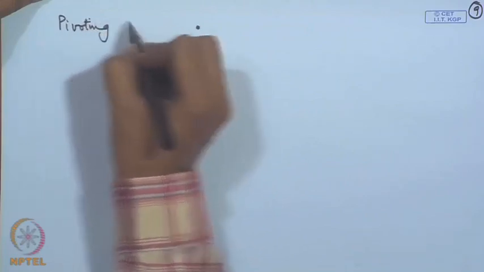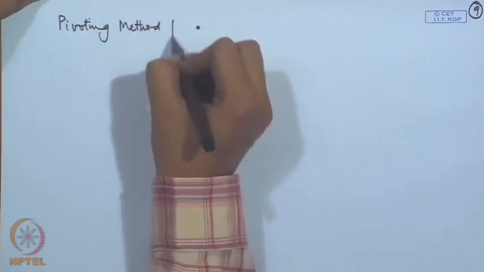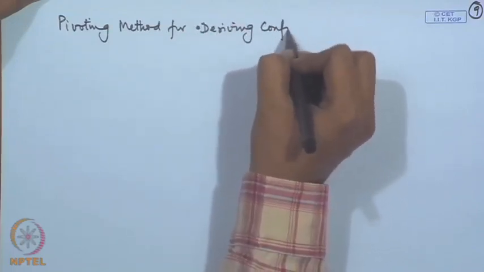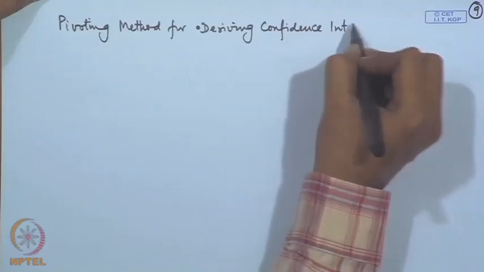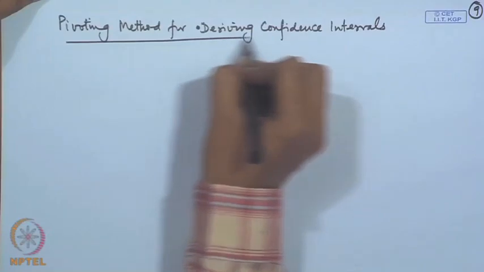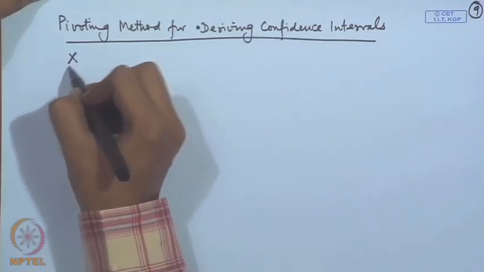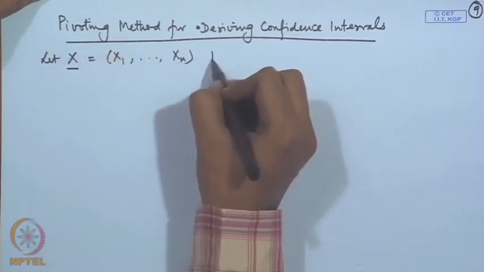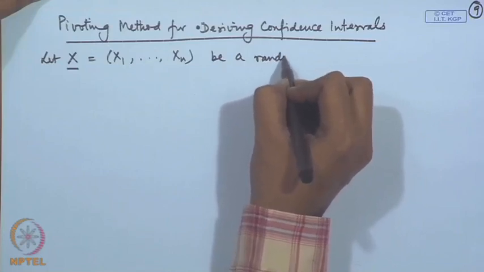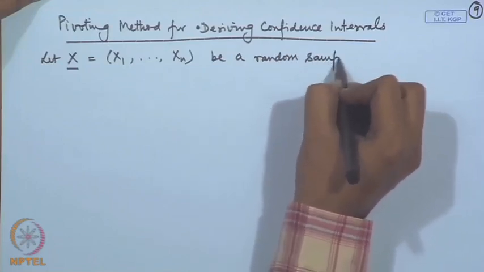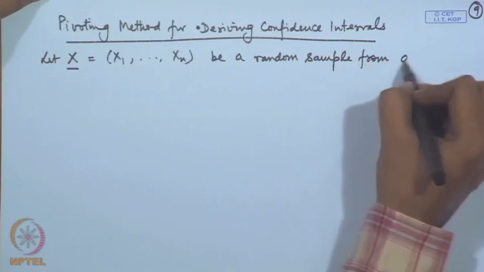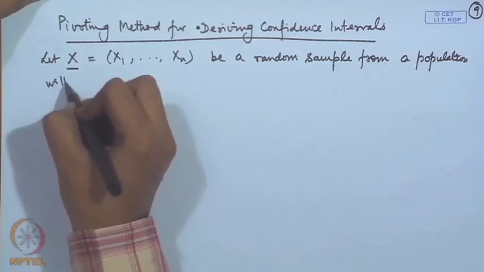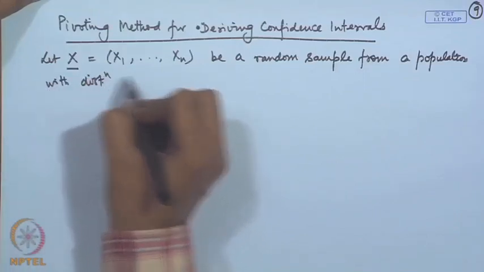Pivoting method for deriving confidence intervals. So, as before, we have x equal to x 1, x 2, x n, a random sample from a population with distribution say p theta.